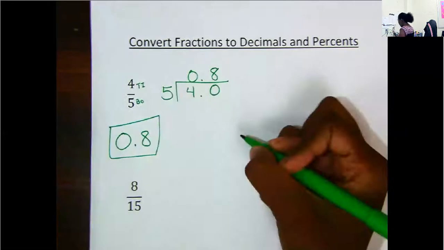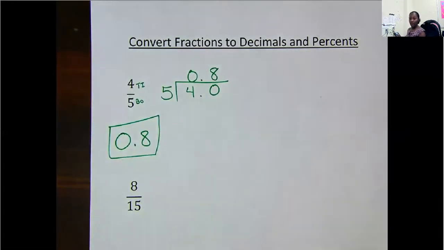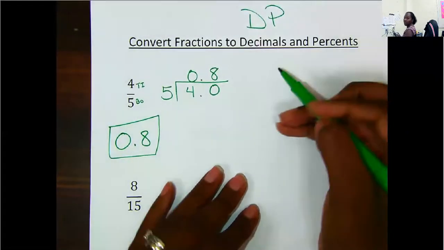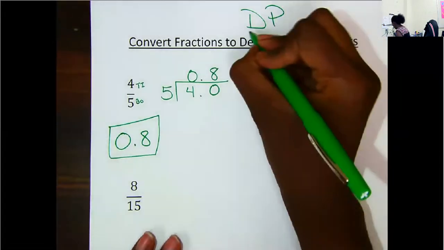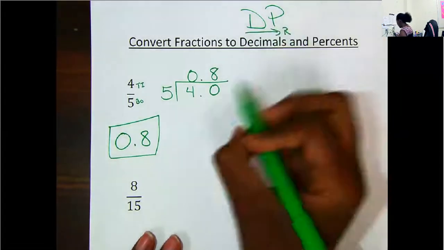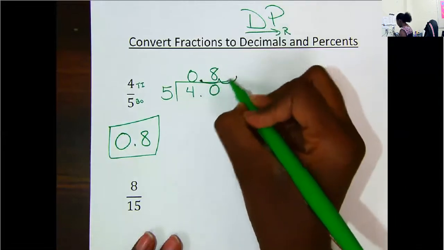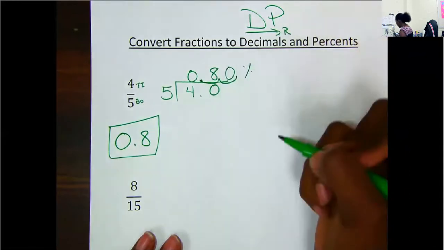Okay? It also wants a percent. Remember, I can use Dr. Pepper. Remember good old Dr. Pepper? DP. If I'm going from a decimal to a percent, I move 2 to the right. Okay, so here's my decimal, 1, 2. Because I have an empty spot here, that means I fill it with a 0 and I add a percent sign.